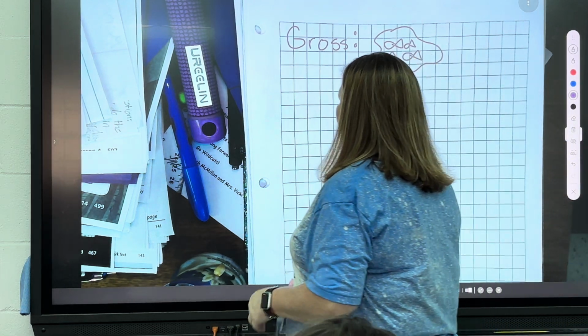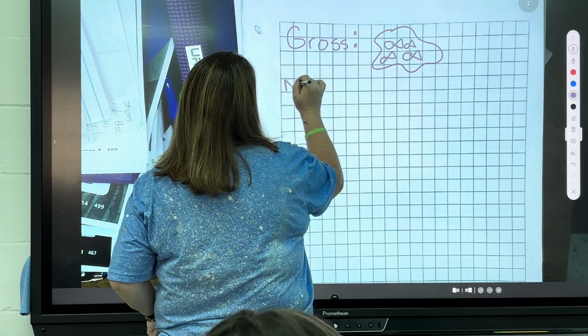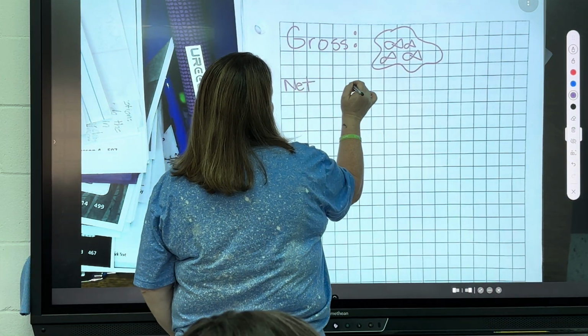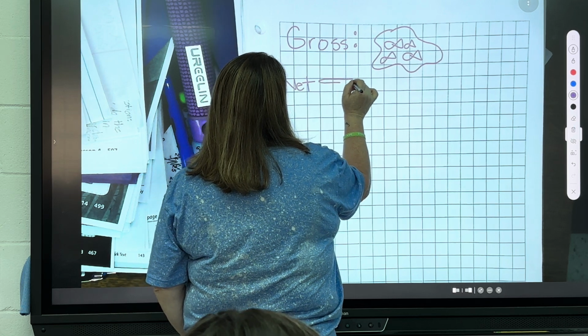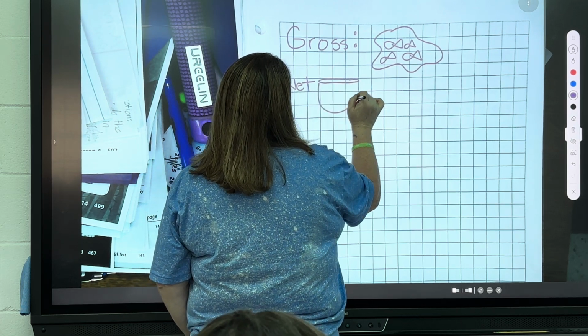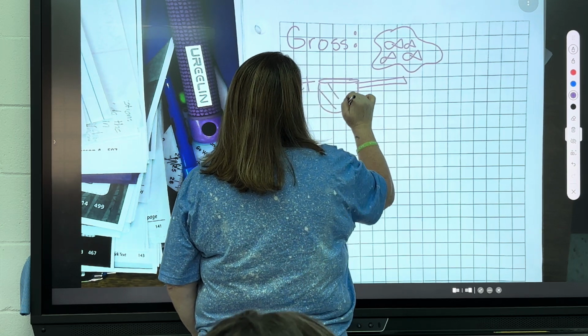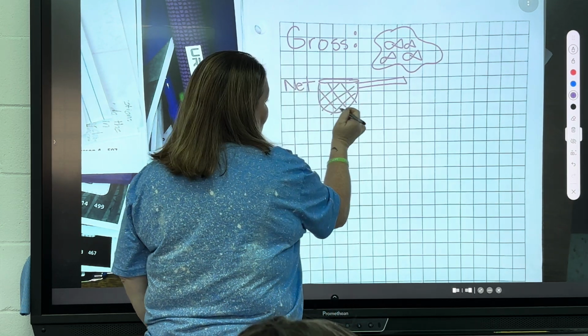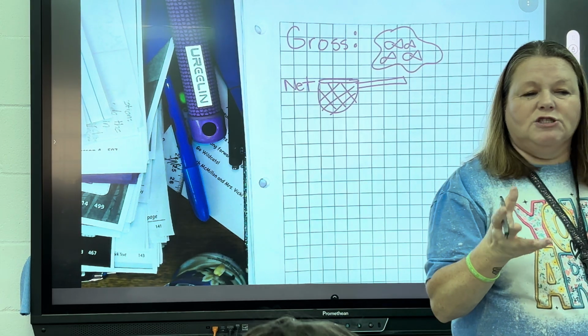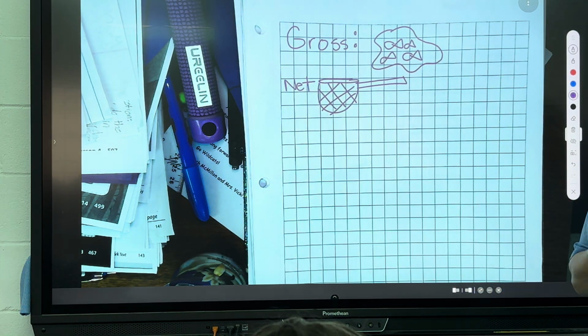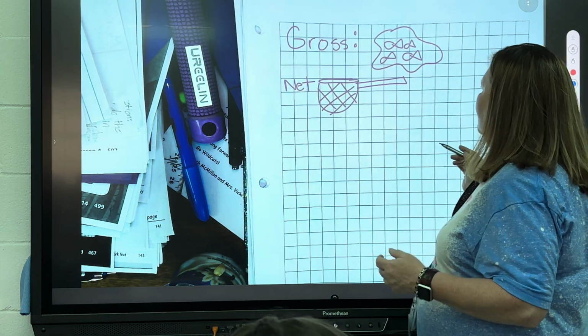And then we have net income. What is our net income? The fish you caught. So that means what you take home. It's what you actually take home out of your paycheck, right?